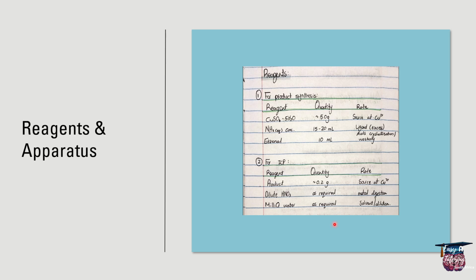So you know that when you step into the lab, you need to go and weigh about 5 grams of copper sulfate pentahydrate. Next, you'll see I like to add a role column as well, so that you know why I'll be using a specific reagent. And this is beneficial because sometimes you may need to mention what the role of a specific reagent is somewhere.